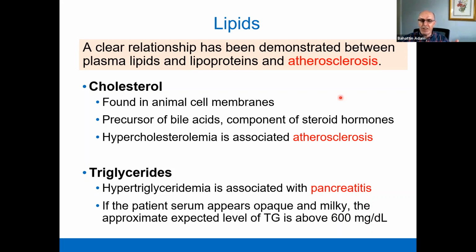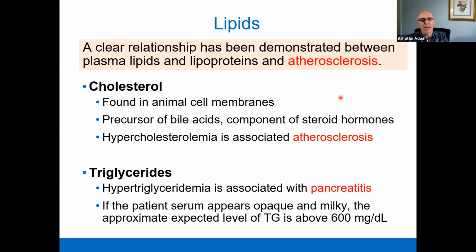However, unfortunately, cholesterol is associated with atherosclerosis. The mechanism of atherosclerosis is another important issue, but we should not discuss it now.